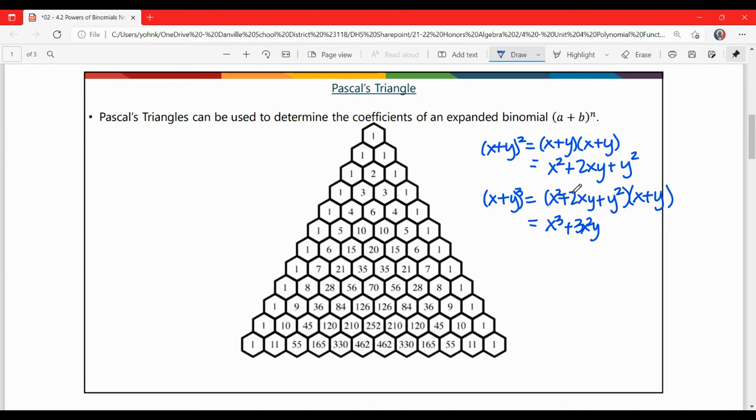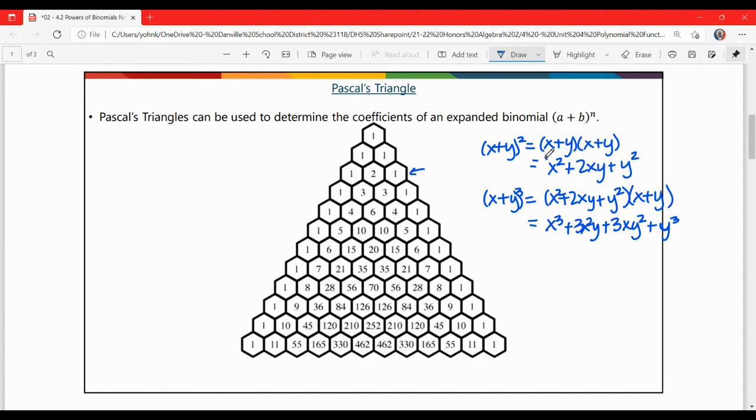Then you'd have 2xy squared and another xy squared, which is 3xy squared. And then you'd have y cubed. So I did a lot of that in my head. But that takes a long time to do, especially if I did (x plus y) to the fourth, it would get even crazier.